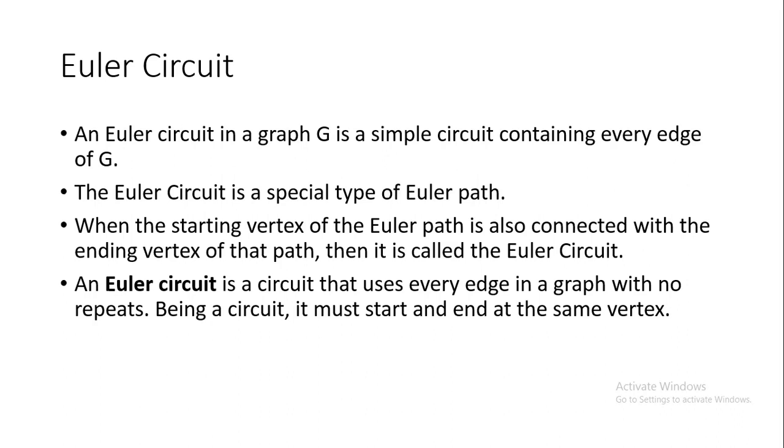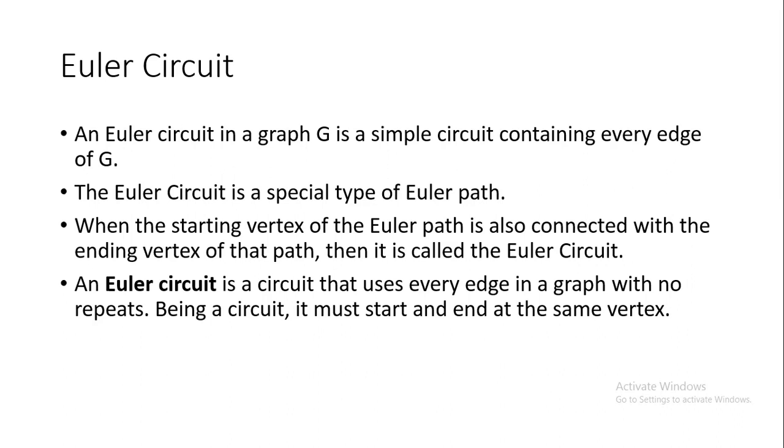And in the case of the circuit also, an Euler circuit in a graph is a simple circuit. Now what is a simple circuit? A simple circuit does not visit the same edge twice. So that circuit is an Euler circuit if it is a simple circuit and also contains every edge of G. Then and only then can we say that circuit is an Euler circuit.